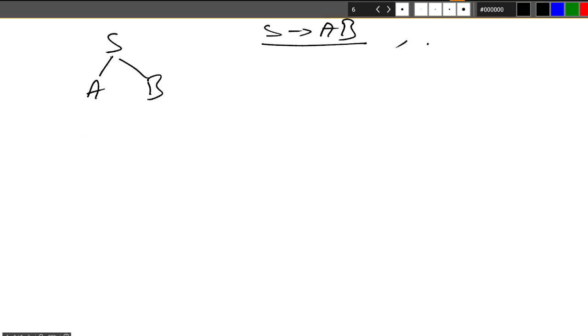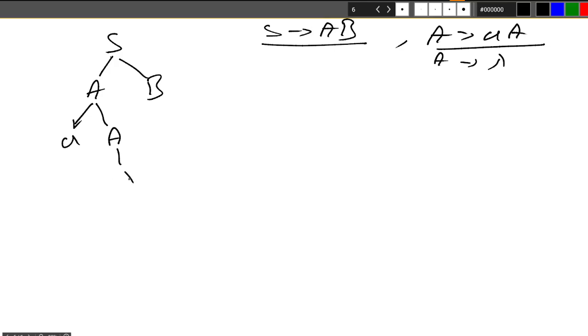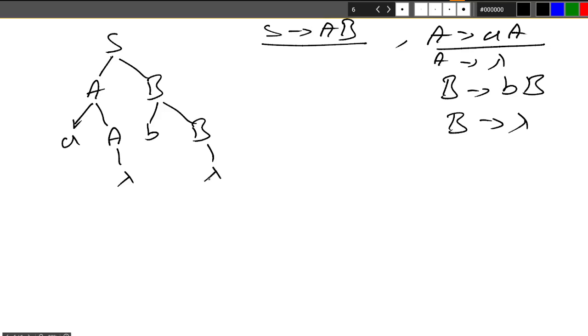Now if there is a rule A gives AA, this A can give you A as well as A. You also have A gives lambda, so this A can give lambda here. For B also you might have BB, and then B can give lambda. In this way a derivation tree is made.